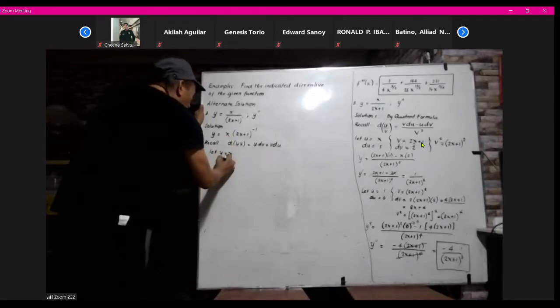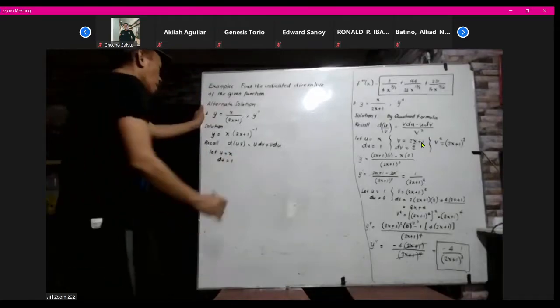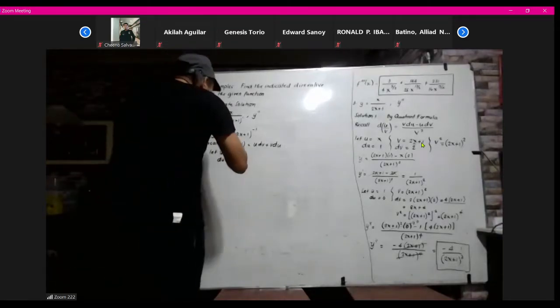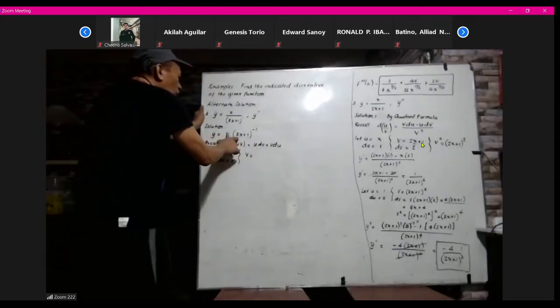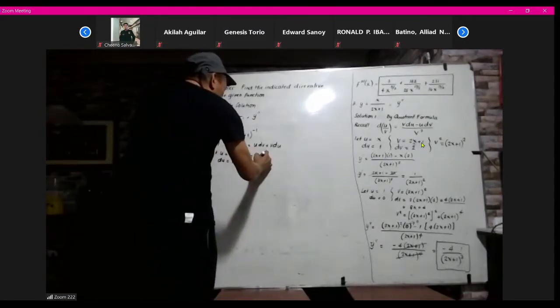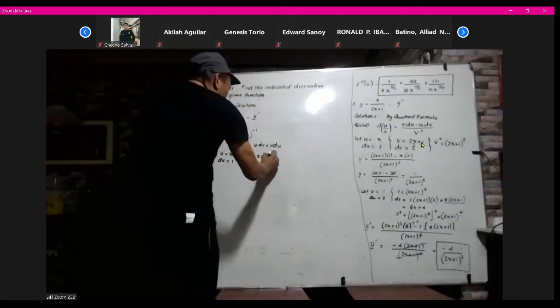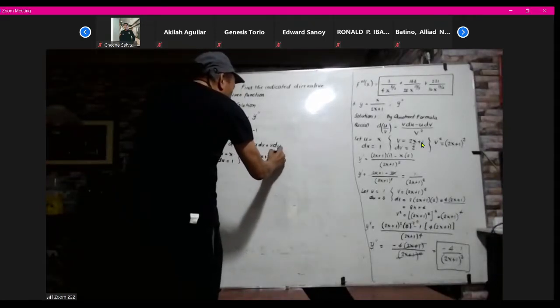Derivative of u equals derivative of x equals 1. Okay? Then, sumunod. What is our v? Ang v natin ay 2x plus 1 raised to negative 1.